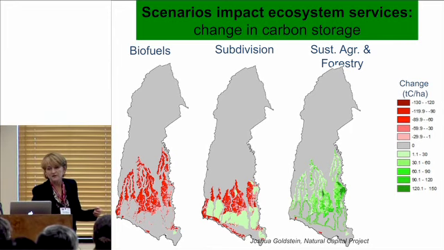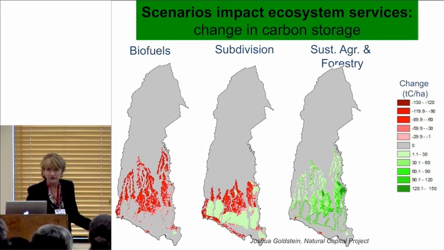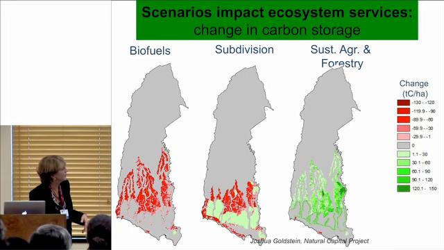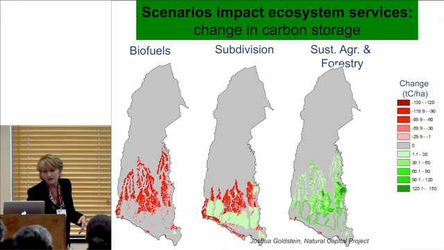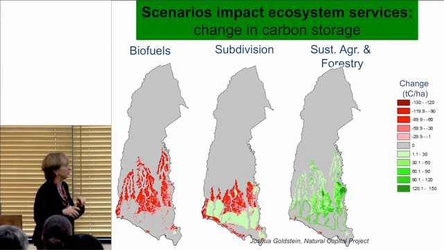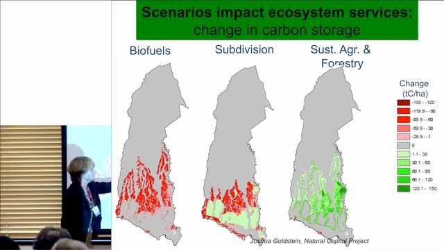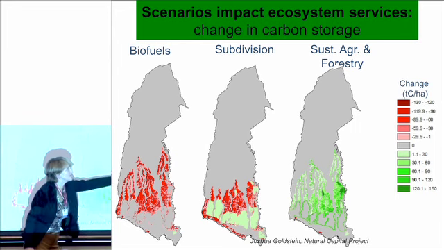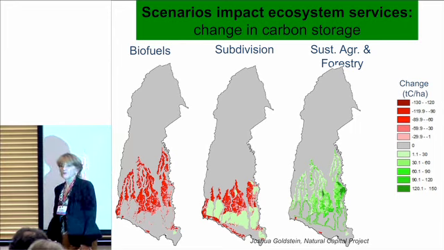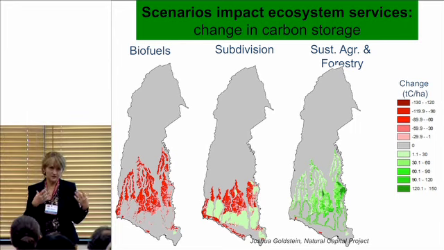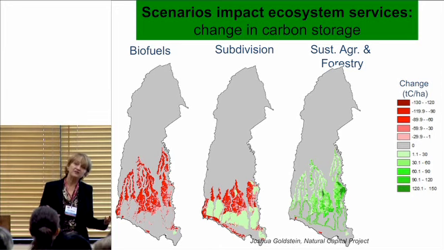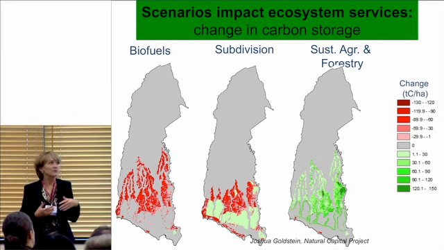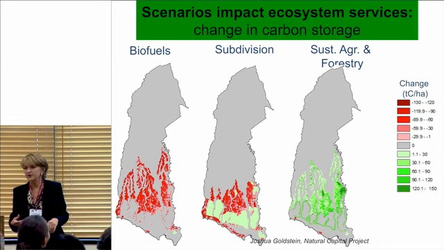That didn't work too well, but subdivision didn't work very well either, though not quite as bad. But the sustainable agriculture and forestry scenario actually takes it positive. So the green is all positive storage of carbon. So they could use that approach if there were a carbon market that they wanted to benefit from, but also if they wanted to get the benefits of agriculture and forestry.